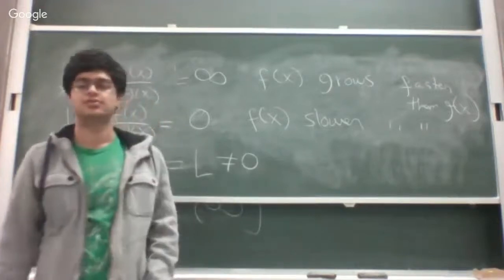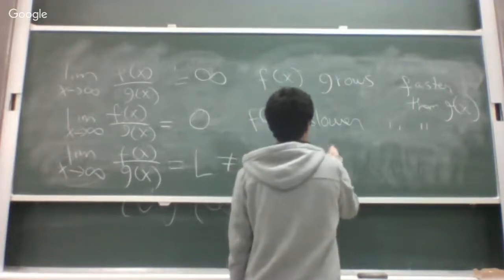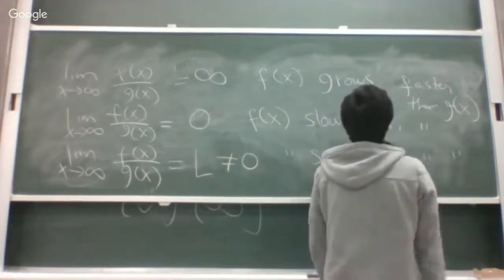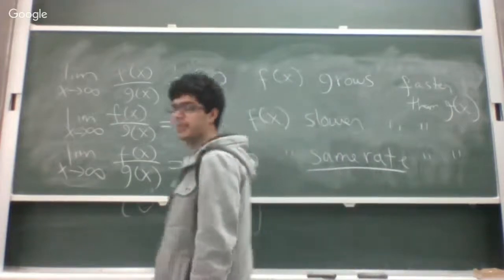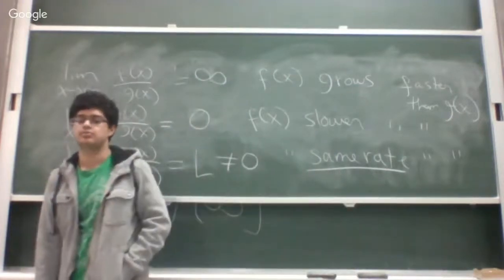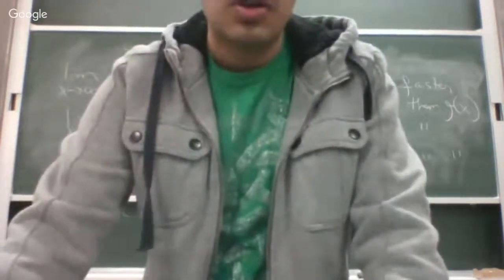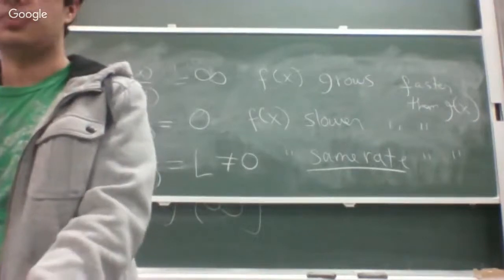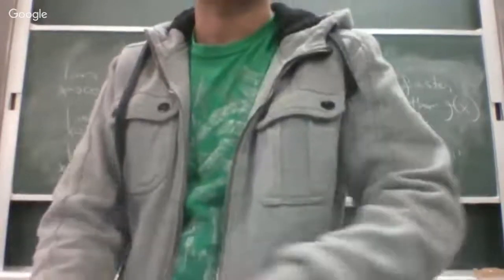What does that mean? So f of x is the same rate. Throughout the process to get 0 or infinity or anything, you may need to use L'Hopital. It's just solving the limit and then looking at what you have as your answer.